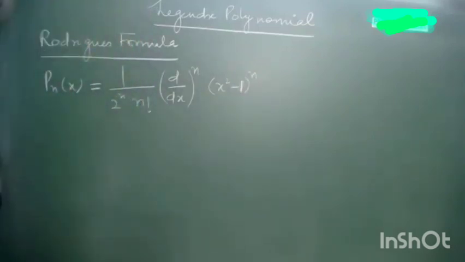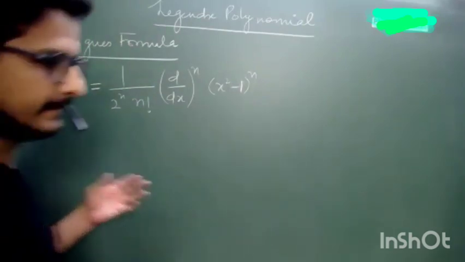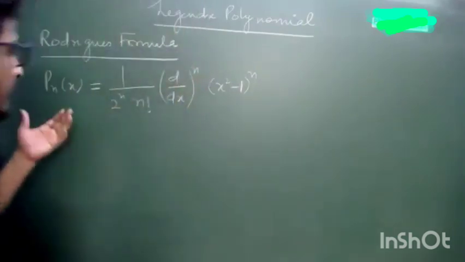So this formula is known as Rodrigues formula, and you can see clearly that from this formula we can derive different polynomials.